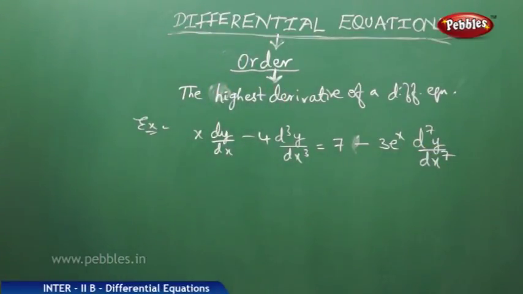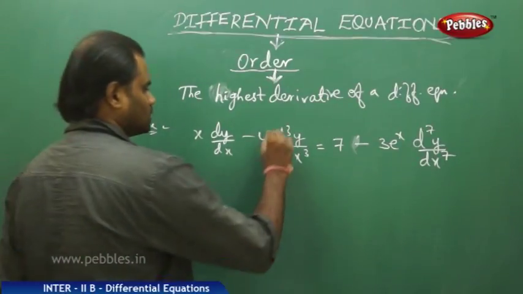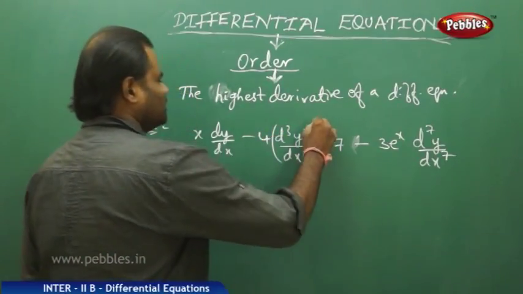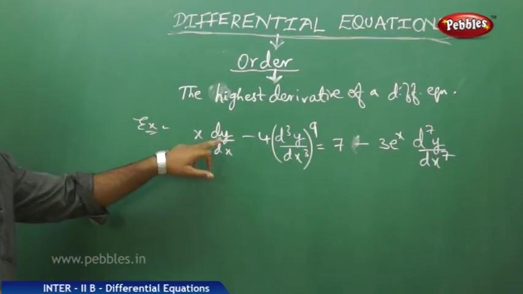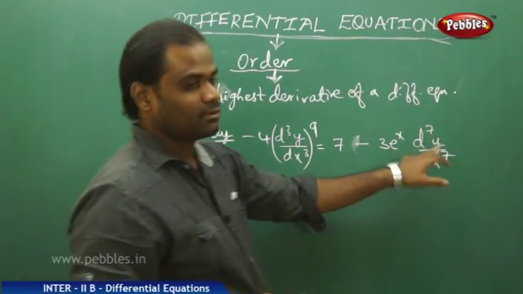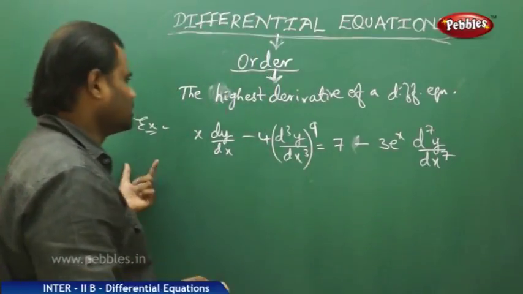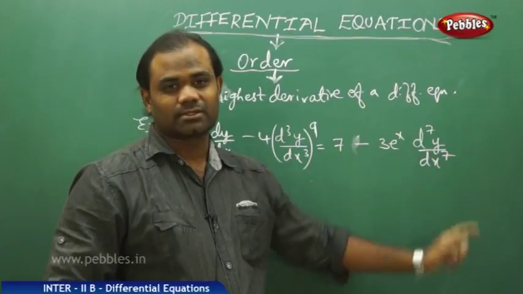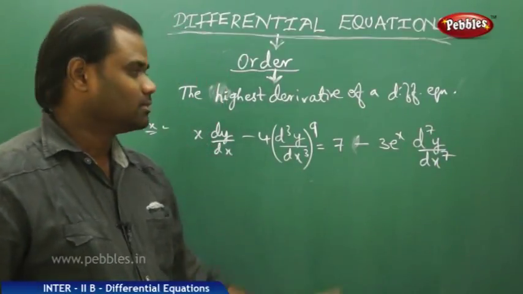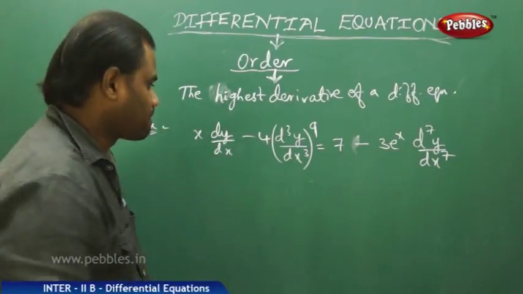Clearly I see here that this differential equation has the first derivative, third derivative and seventh derivative. As I see, the highest derivative of this differential equation is 7 because it has the 7th derivative of y.